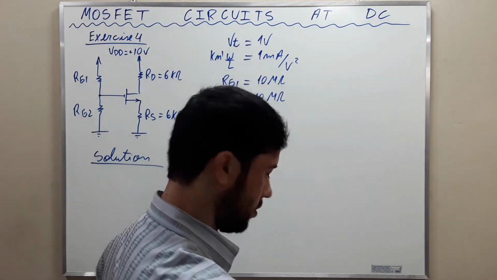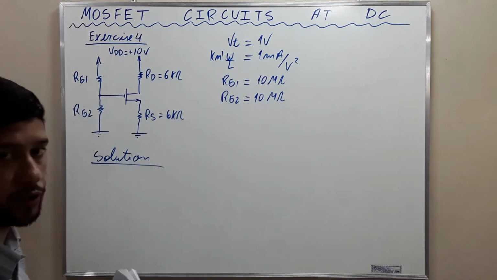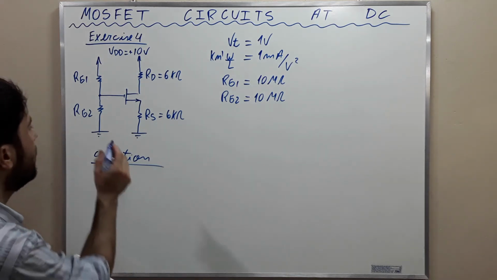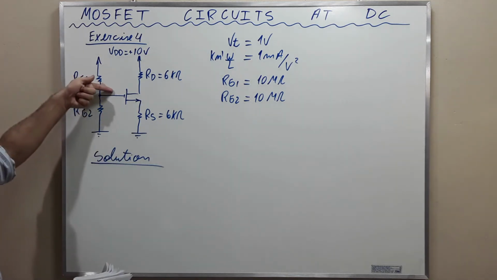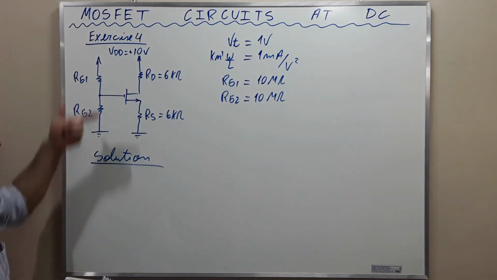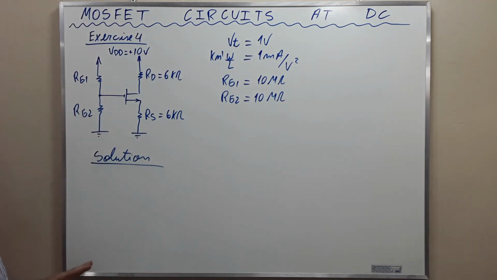Okay, let's do it. Let's calculate the voltages. Since the gate current is 0, okay? The gate current cannot be different than 0. It has to be 0. If the gate current is greater than 0, you've blown the device, okay?